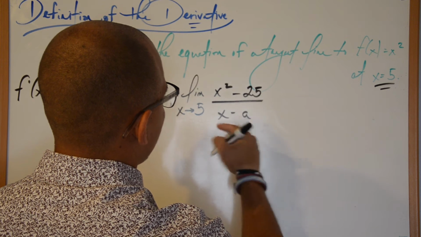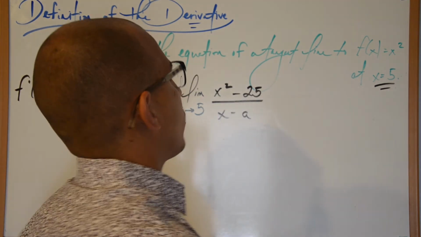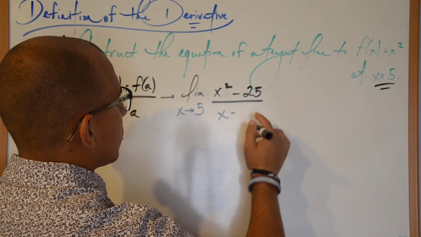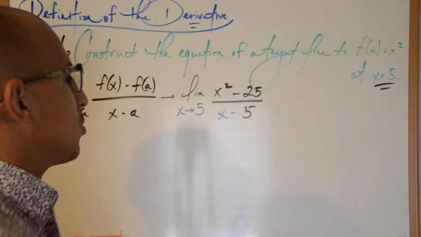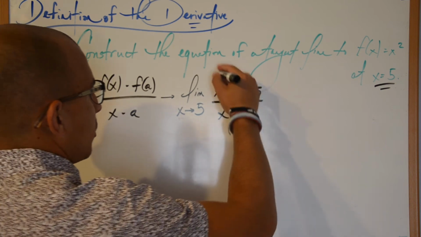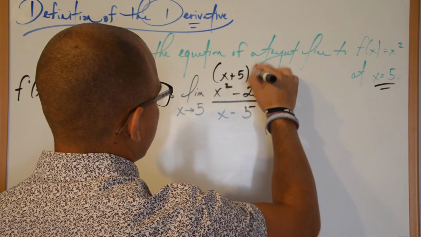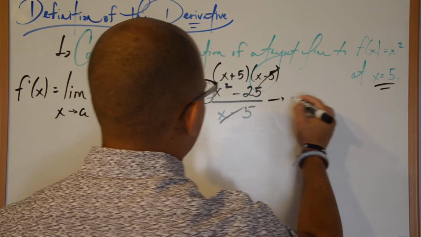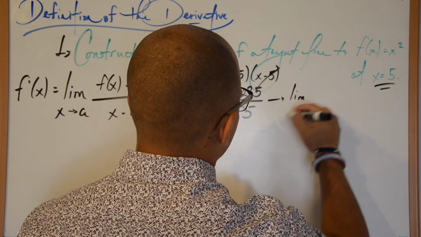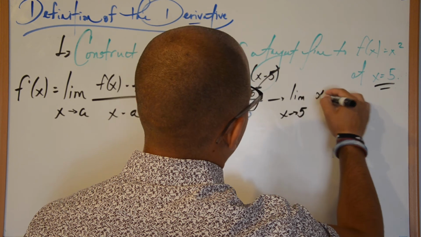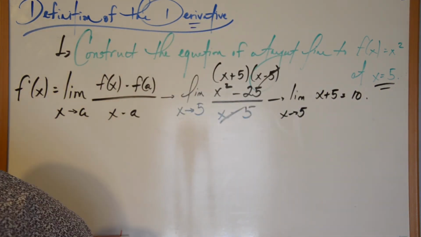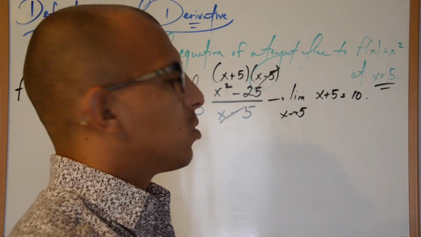Over x minus, oops, I should not say a, I should say 5. Good catch, making sure you're awake. This we can factor as x plus 5, x minus 5. Then we have a little bit of simplification that occurs. So the limit as x approaches 5 of x plus 5 is 10.